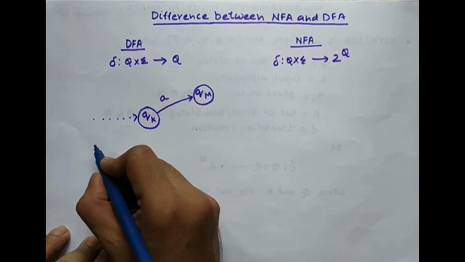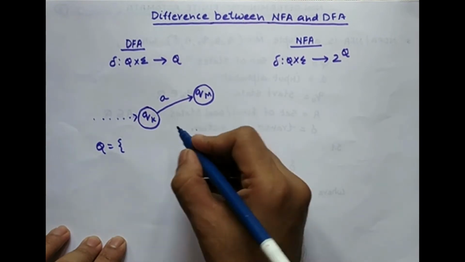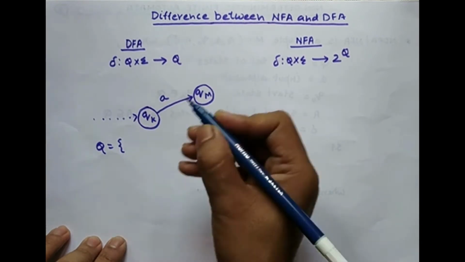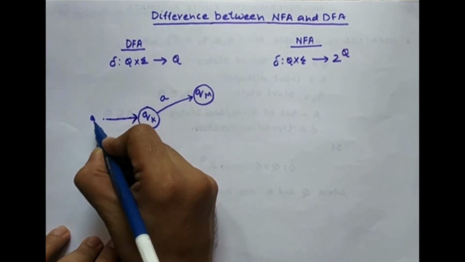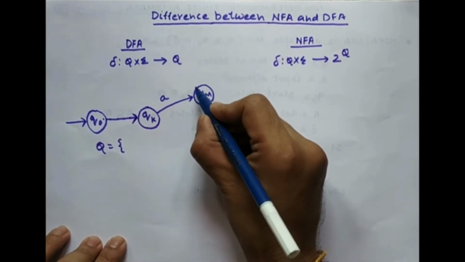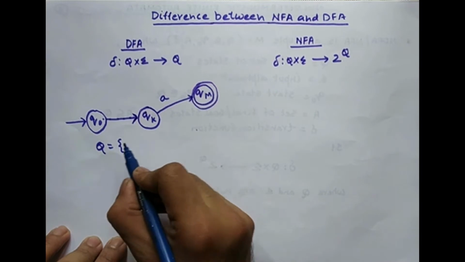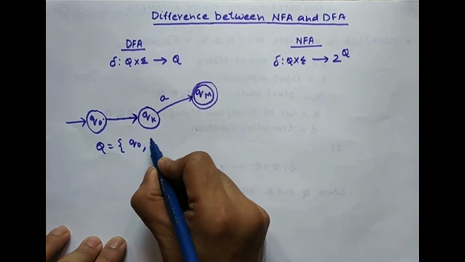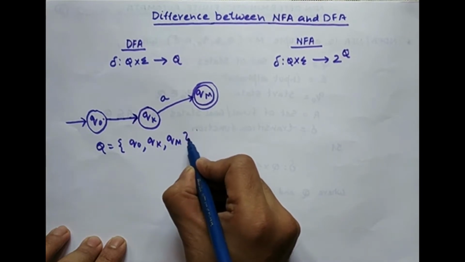So assume that the set of states in my diagram, let's say there are 3 states. Suppose q0 is the start state of my automaton. What are the set of states in Q? q0, qk and qm. There are 3 states.